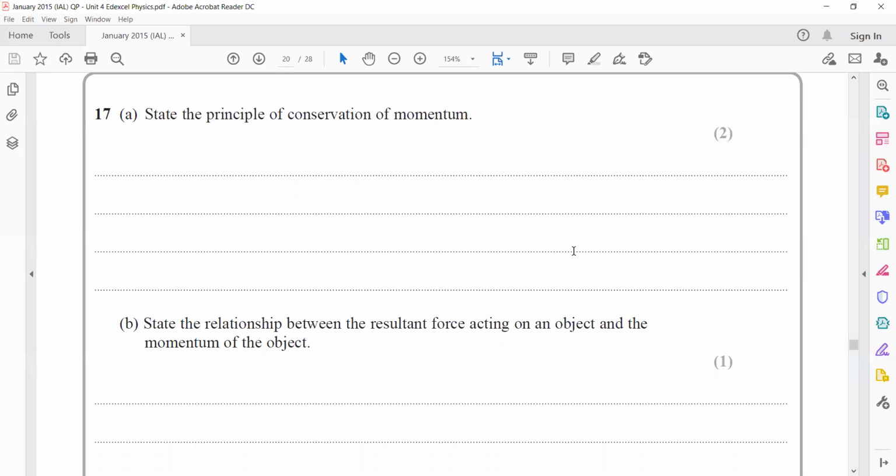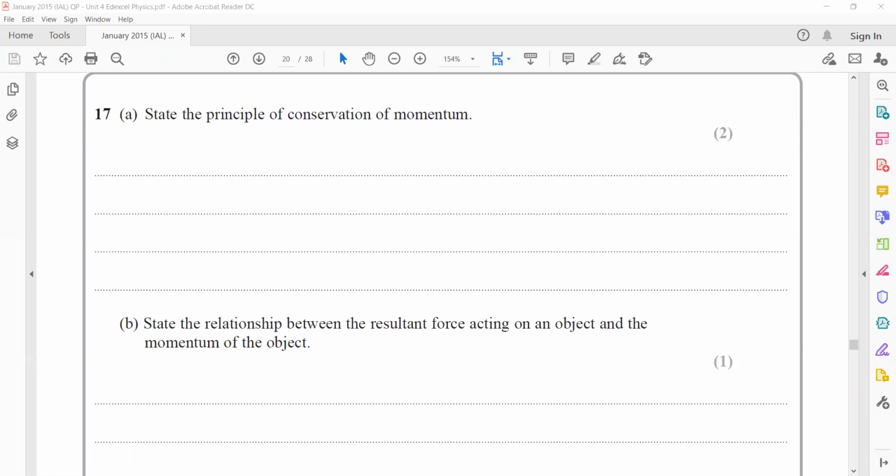Question 17, part A: state the principle of conservation of momentum. What does it state? Sir, the sum of momentum before and the sum of momentum after the collision should be equal. Equal, but it's worth 2 marks. You will get 1 mark for this statement.